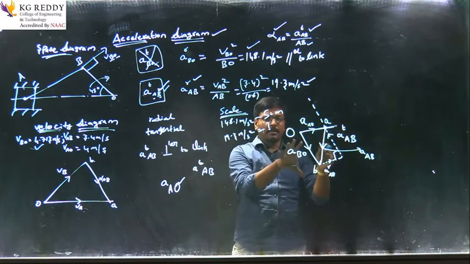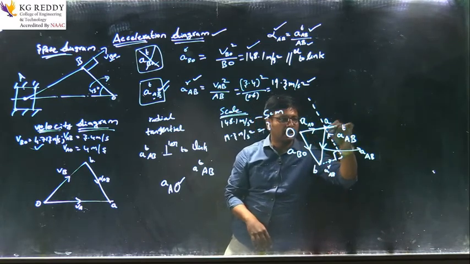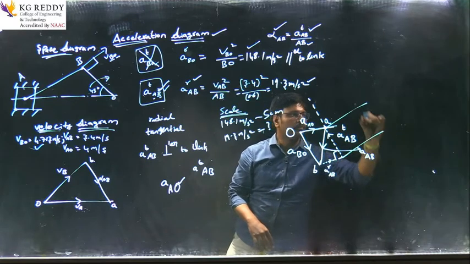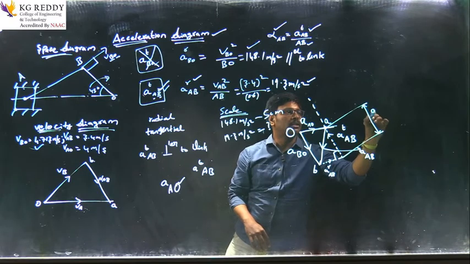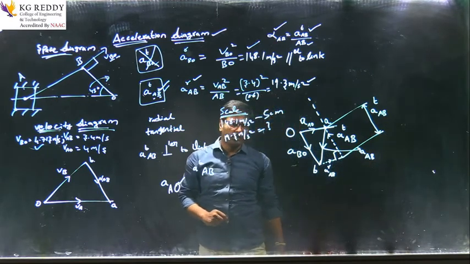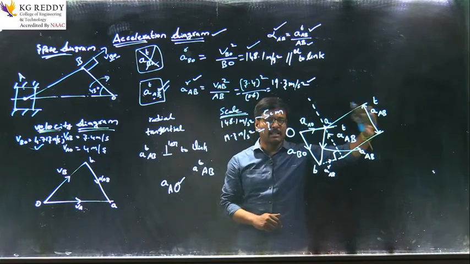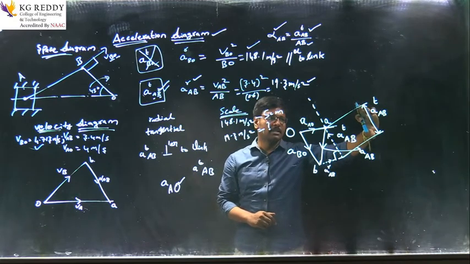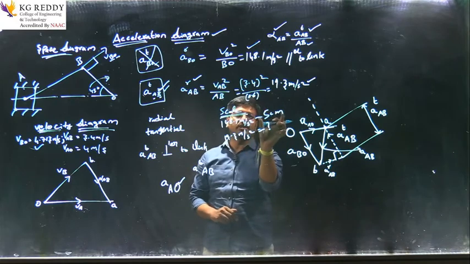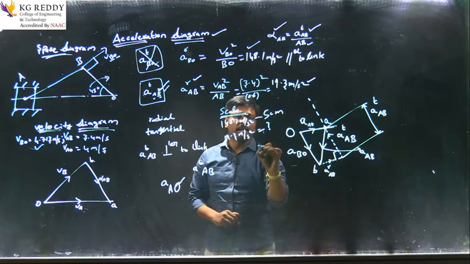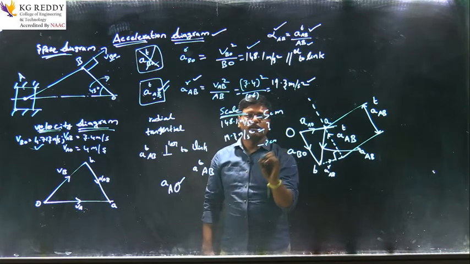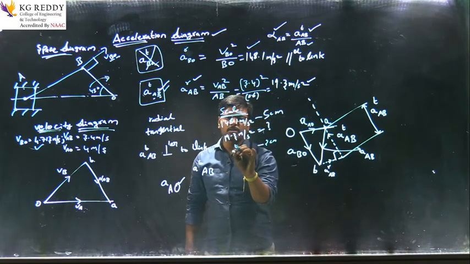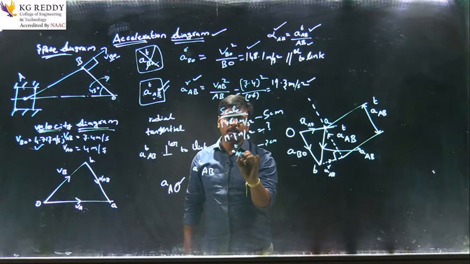So from here I can take this as the value of the tangential component of acceleration of A with respect to B. If you find it in centimeters, we can find it in centimeters. Again we have to convert into meter per second square. Suppose I consider this as 2 centimeters, how much is the tangential acceleration of A with respect to B?